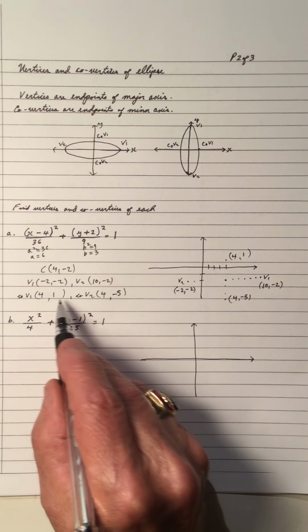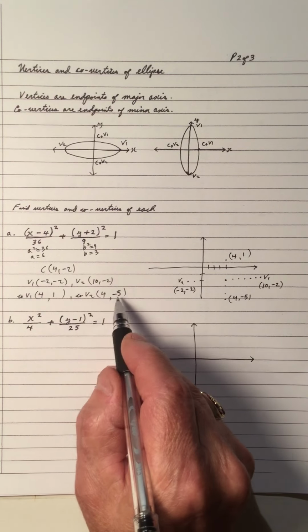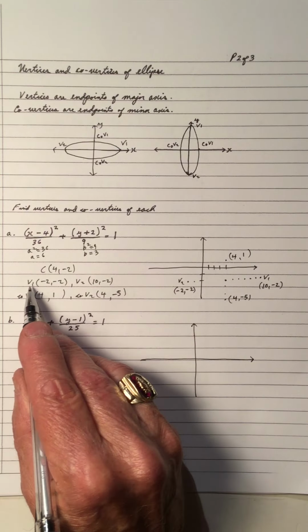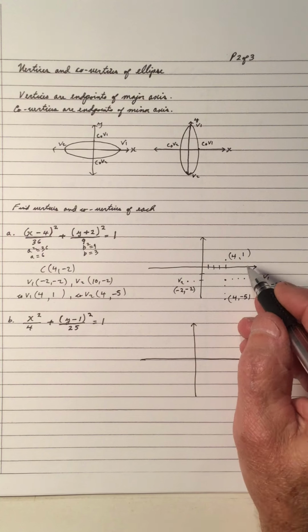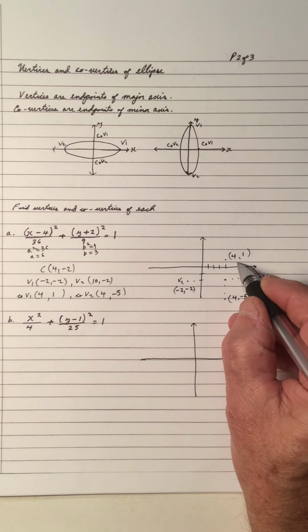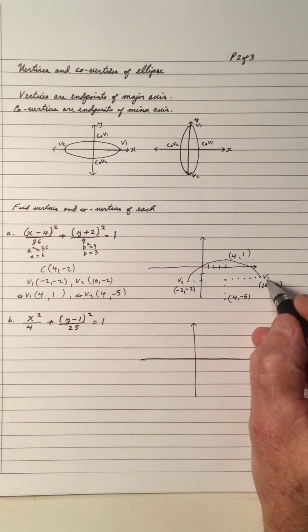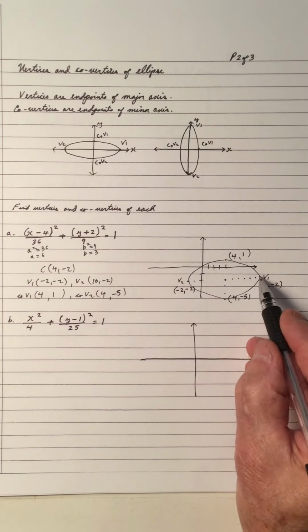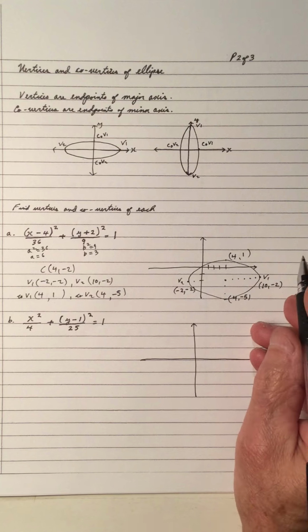And halfway between 1 and -5 is, add them up, -4 divided by 2 is -2. So the vertices are at the endpoint of the major. So if we do a picture like this, you can see that this is the major and this is the minor.